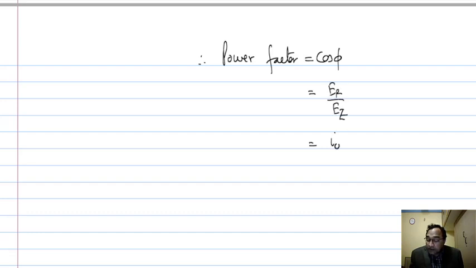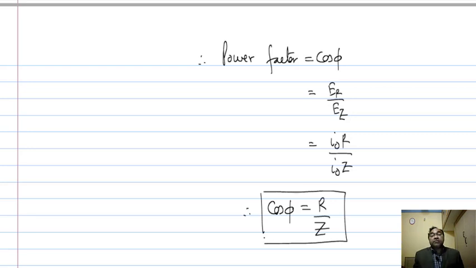ER is I naught into R, this is I naught into Z. So power factor cos phi works out as R by Z. That is exactly how we can find out the power factor of an LR circuit. We can find out the expression for the current in an LR circuit. We can also find out what is the phase difference between the current and the EMF in an LR circuit.